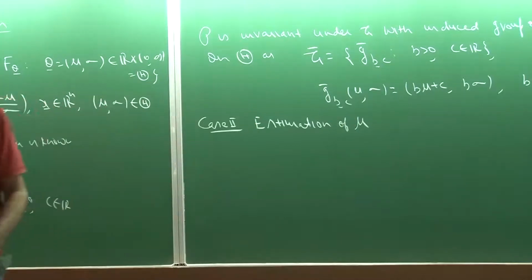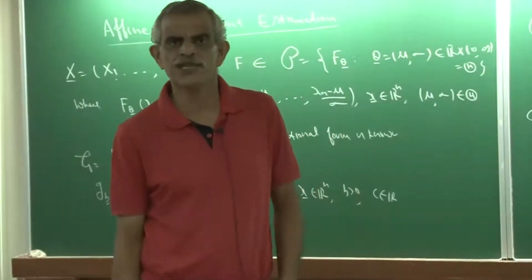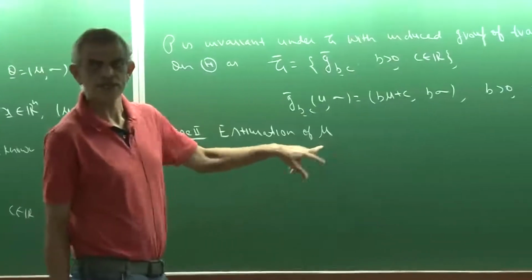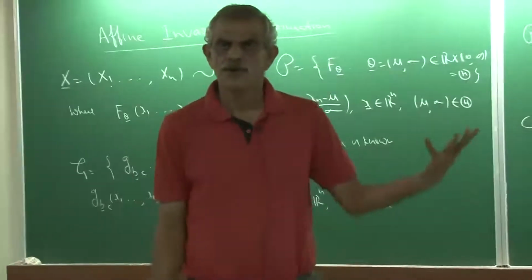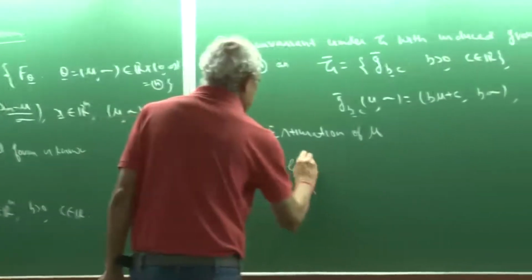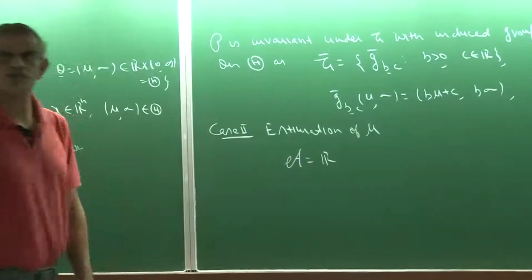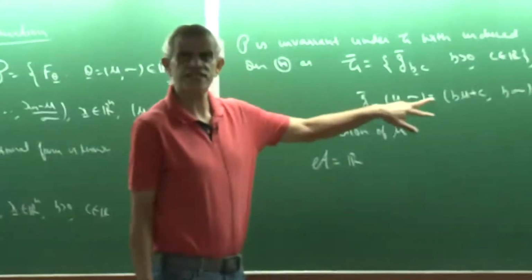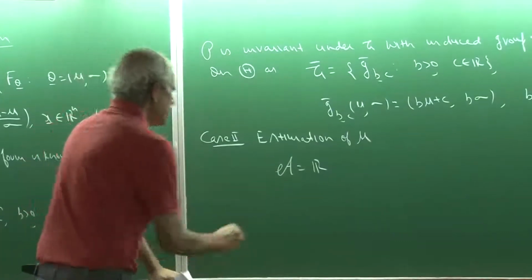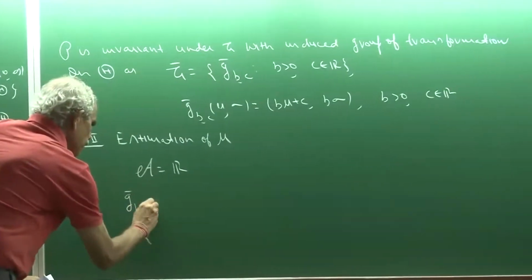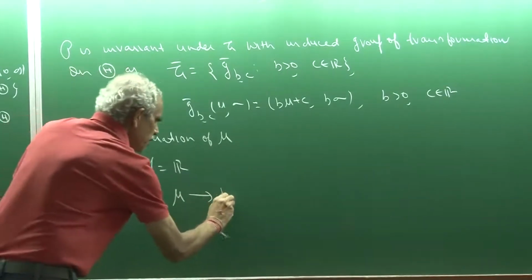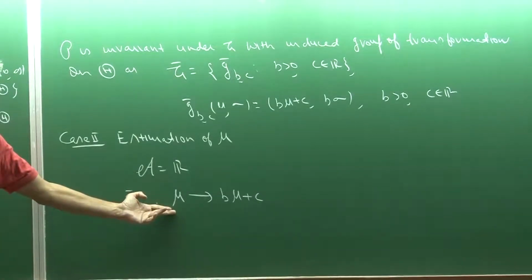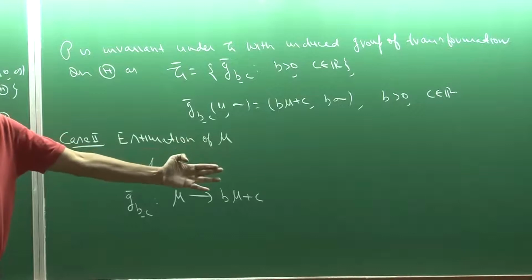The first thing I have to identify is what should be the appropriate group of transformations on the action space of mu. Note that mu can take any value in R, so my action space is R. I need to identify the group of transformations on the action space. For that, I need to see where this mu gets transformed to. Under the transformation G bar_bc, mu gets transformed to b mu plus c. Because finally I'm estimating mu, my action should also change accordingly.